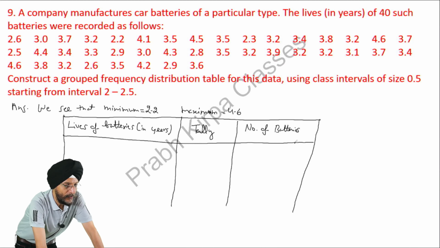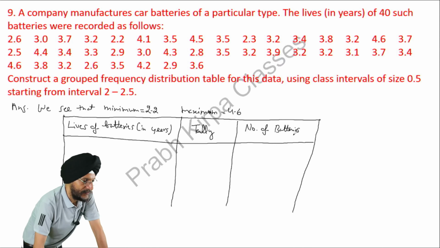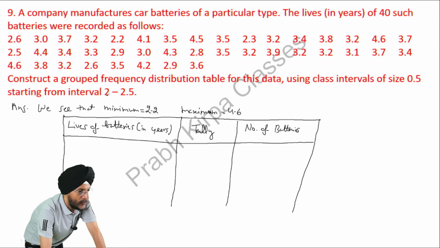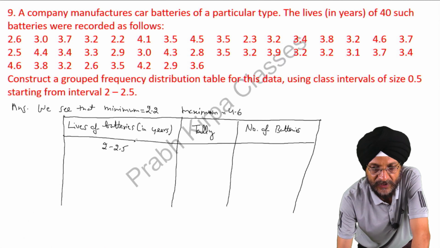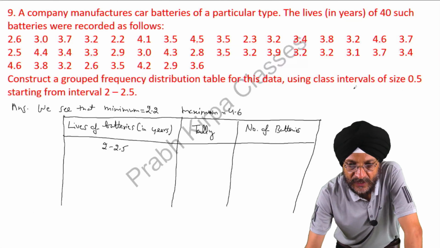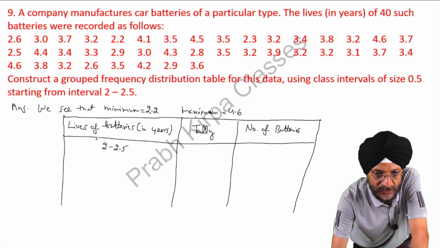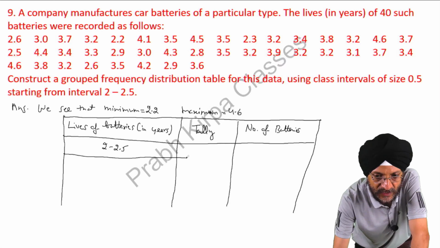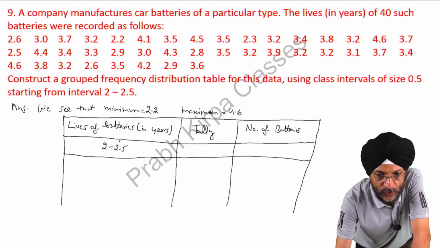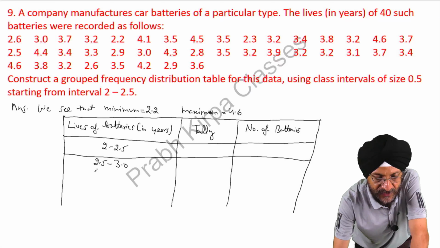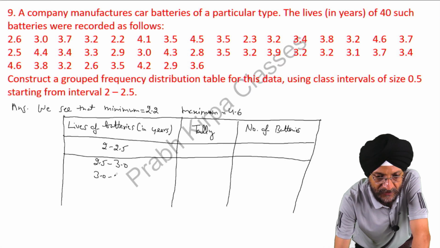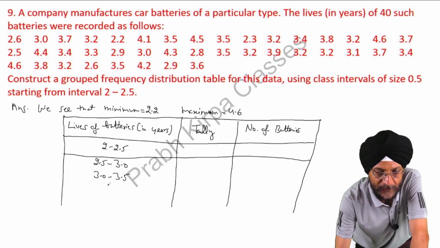So now we will form the class intervals starting from 2 to 2.5. The class interval is 0.5, so the next class interval will be 2.5 to 3. The next will start from 3 and go up to 3.5.